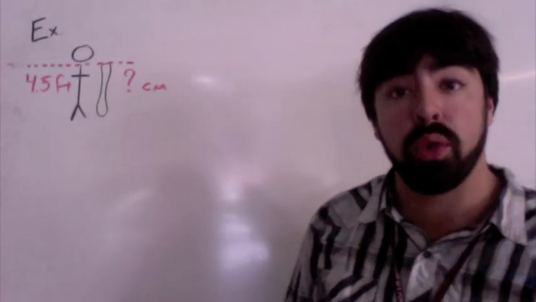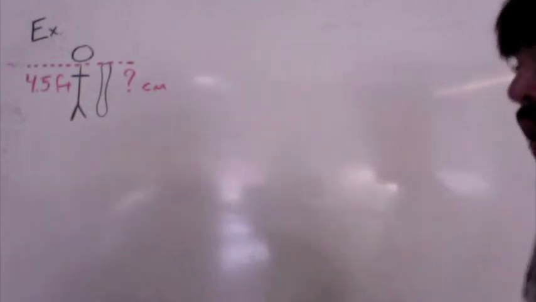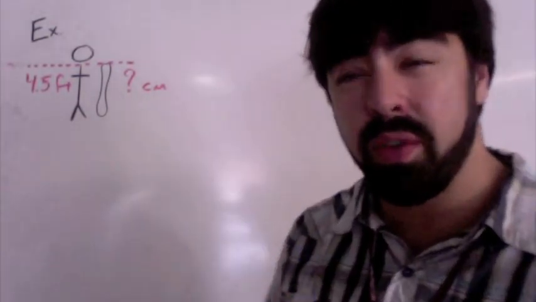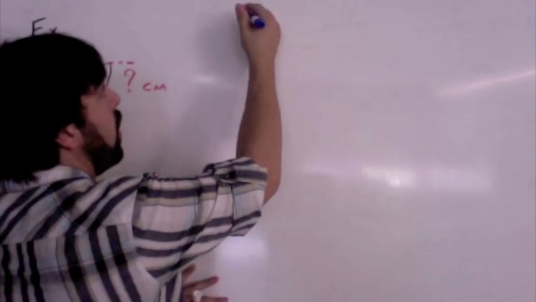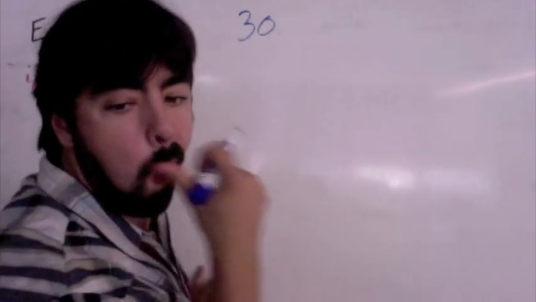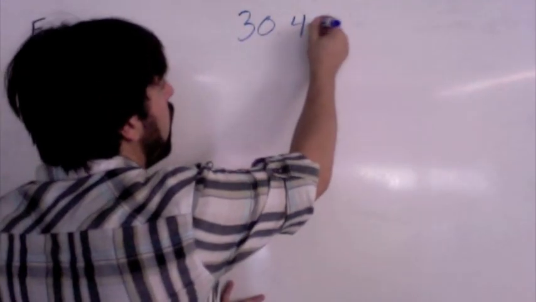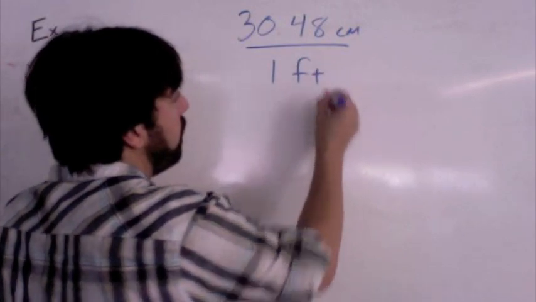So like I said before, you're going to need a conversion factor to figure out exactly what that is. And that conversion factor is this. For every 30.48 centimeters, you have 1 foot.